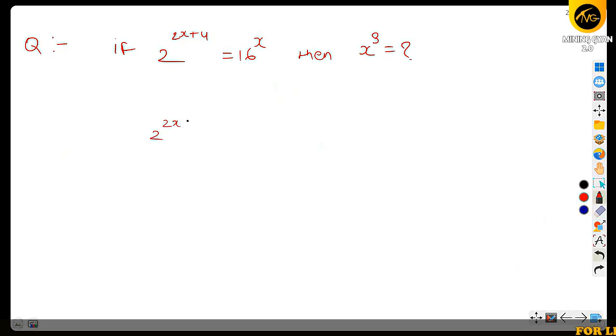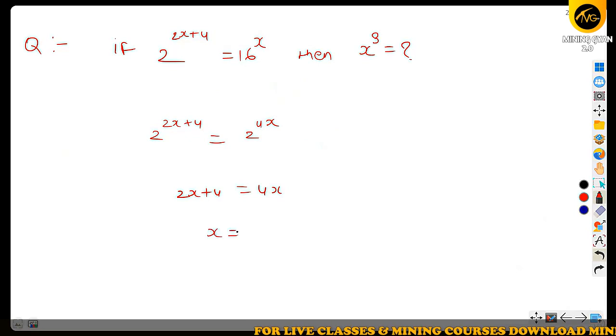2 power 2x plus 4. We can write 16 in the form of 2 power 4, that means 4x. So 2x plus 4 is equal to 4x. 4x minus 2x, so x is equal to 2. Correct. X is equal to 2.